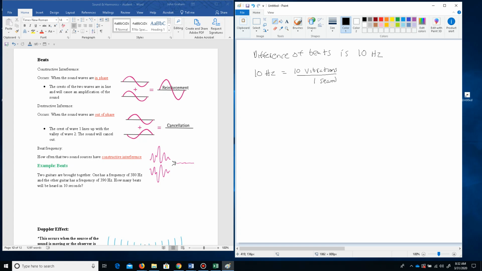So we're going to multiply the top and the bottom by 10, which actually multiplies it by 1, and you get 100 vibrations in 10 seconds. And so you will hear 100 beats in 10 seconds.